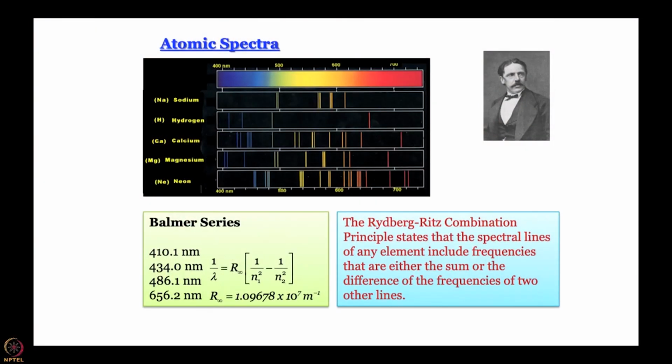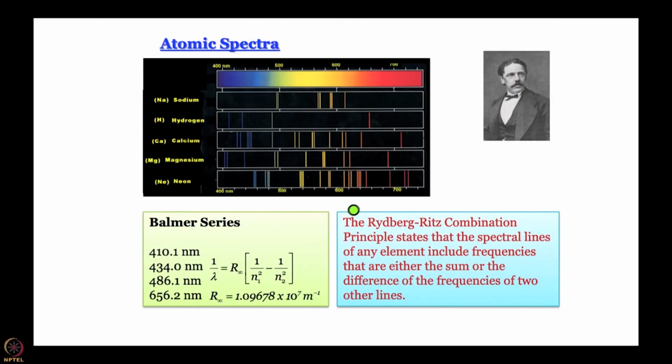Now, even before a theoretical formulation to explain this was worked out, experimentally looking at the energies where the emissions take place for different atoms, an empirical formula was already there. This empirical formula was called the Rydberg formula.